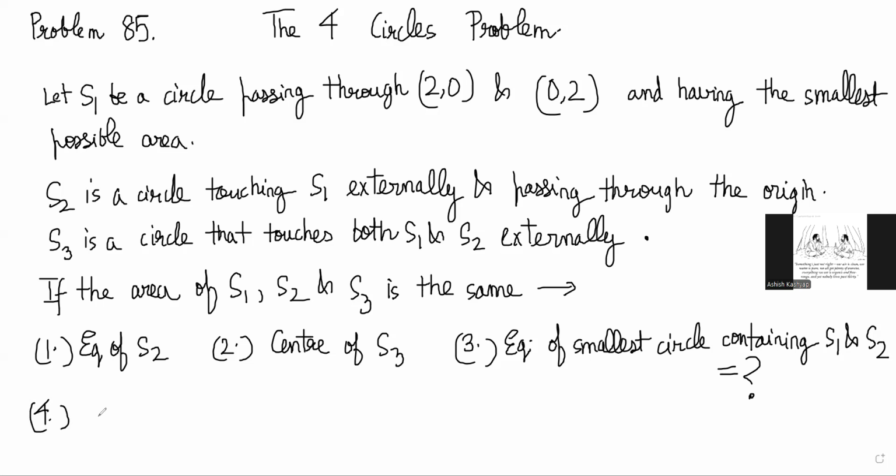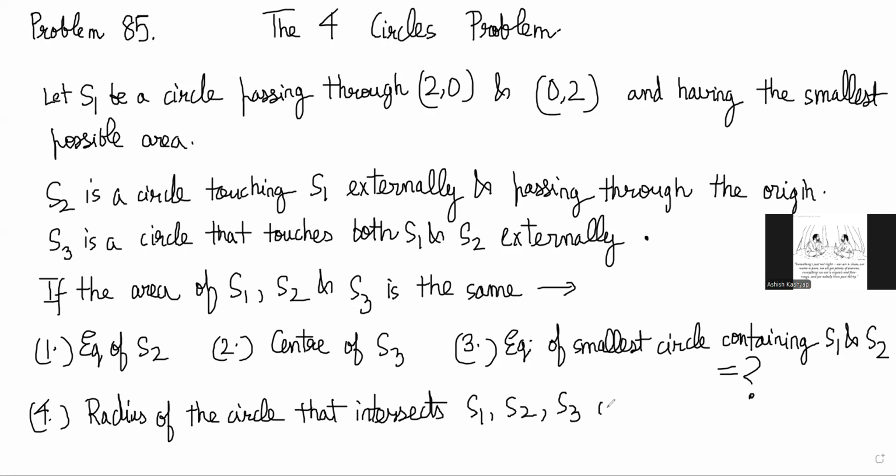And the fourth thing that we have to find is the radius of the circle that intersects S1, S2, S3 orthogonally.